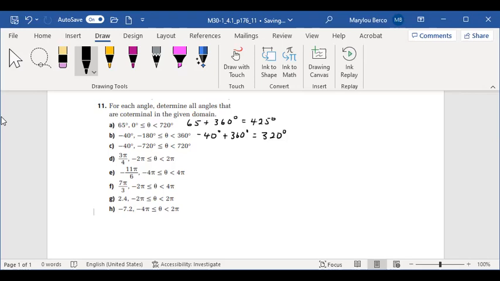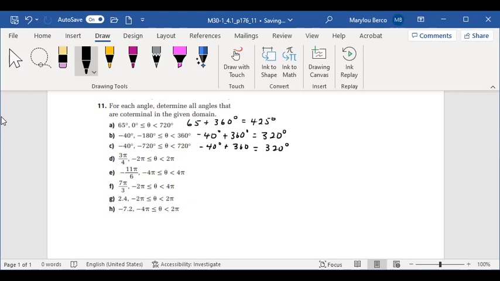For C, we have negative 40 degrees plus 360 is equal to 320.